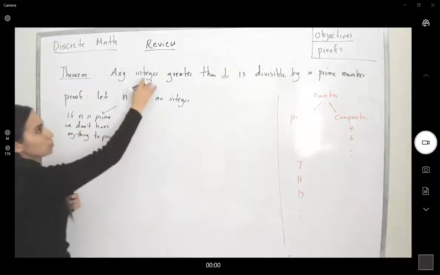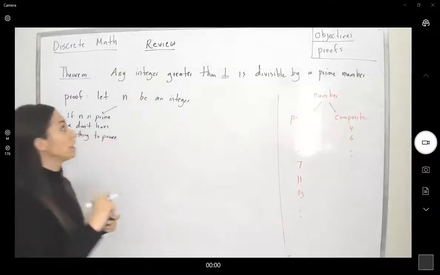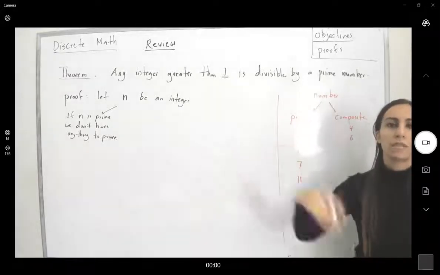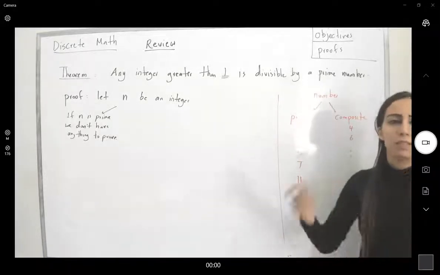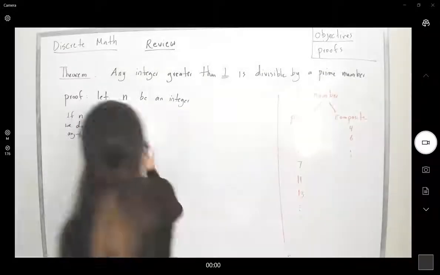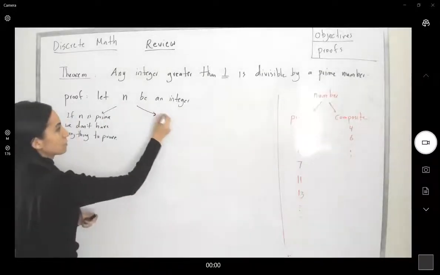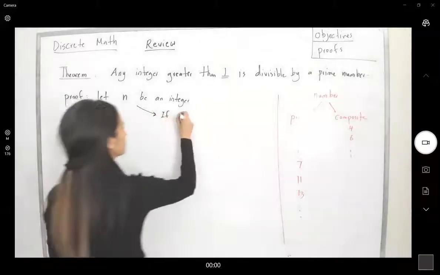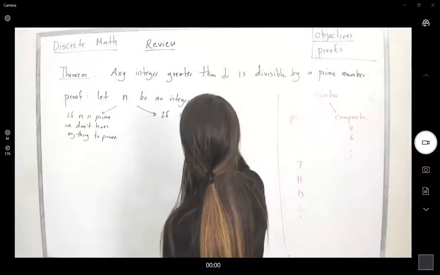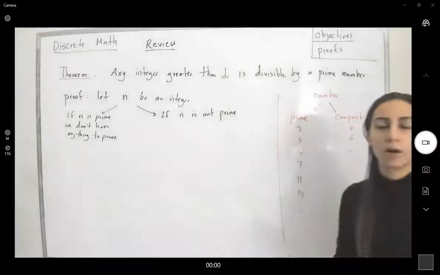Why is that? We're trying to show that any integer greater than 1 is divisible by a prime number. If that integer that we randomly selected is prime, obviously it's divisible by itself. If not, if n is not prime, it means that it's composite.